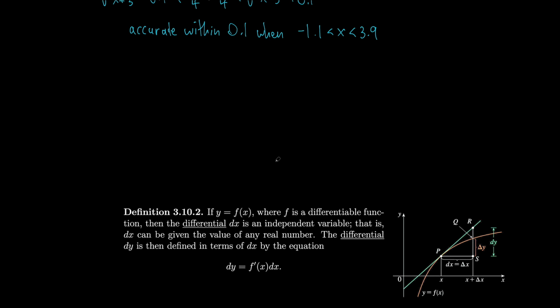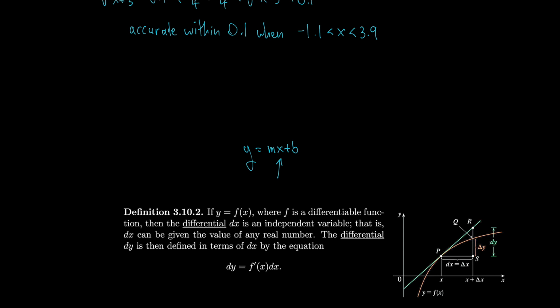This is kind of like when you have a linear function mx plus b, then x was the independent variable and y was the dependent variable. You can make x whatever you want, the y value would depend on it. Well, now we have a dx as our independent variable. You make dx anything, and then the dy value depends on that dx value.